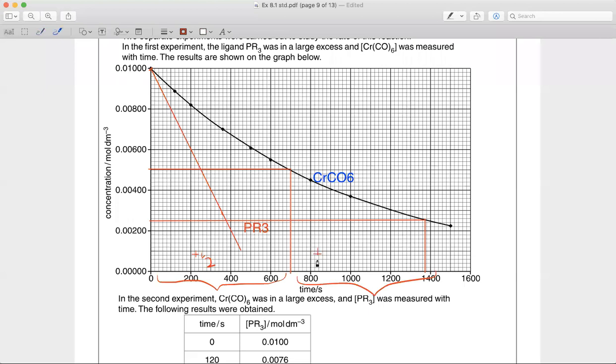Now, why do we want to find the half-life? Because if you remember in your notes, the half-life of a first order is constant, okay? And the half-life for a second order is, let me just double check again before I get it wrong, increasing. So the half-life of a second order is increasing.